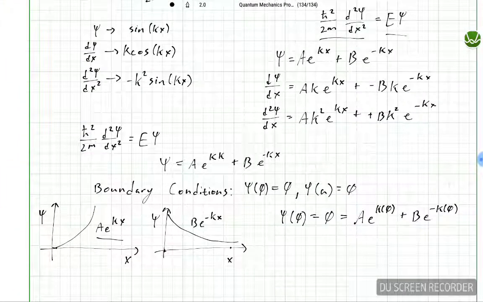And that gets me that I either have A equal to 0, B equal to 0, meaning my wave function is just 0. I could also do this one first, but I have the same exact problem.